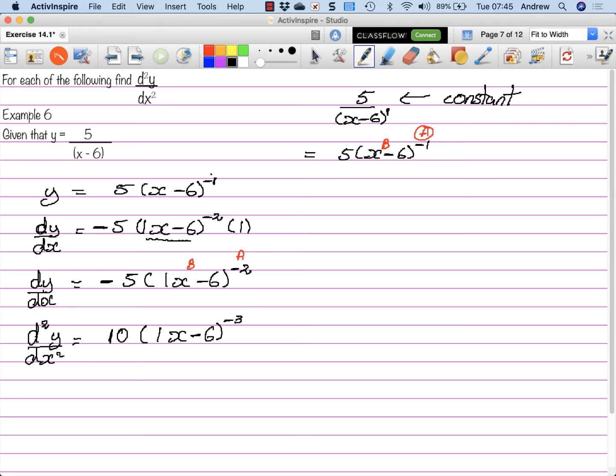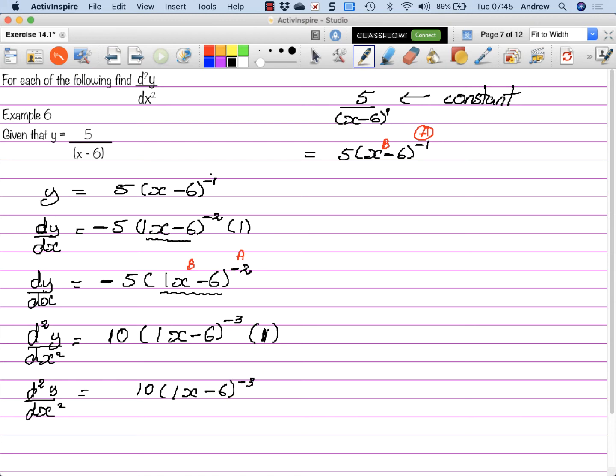Nothing else changes. And then we multiply by the differential of what's inside. The differential of 1x is 1. Differential of minus 6 is 0. So we've now got d2y by dx squared is now equal to 10 on 1x minus 6 to the power of minus 3.